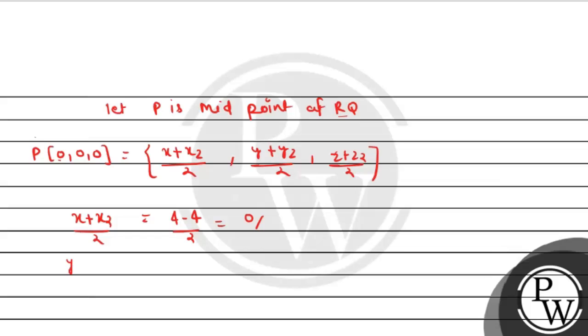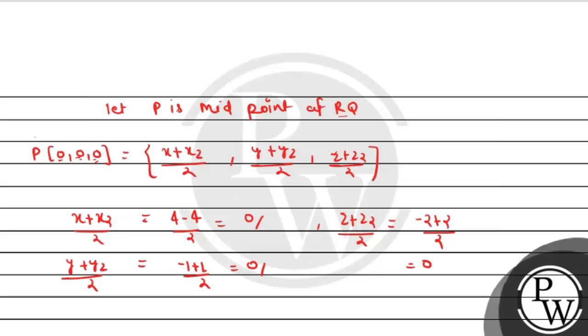Now the next condition, (y + y2) upon 2: that will be (1 + (-1)) upon 2, which is equal to 0. Yes, it also satisfies the condition, because the second coordinate is 0. Next, (z + z2) upon 2: that is (2 + (-2)) upon 2, so that is also 0. Yes, the third condition is satisfied, that is the coordinate of P is (0, 0, 0).